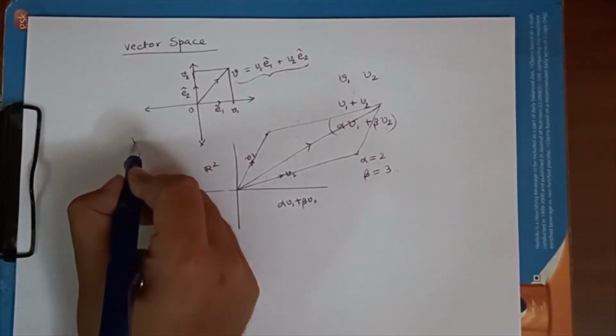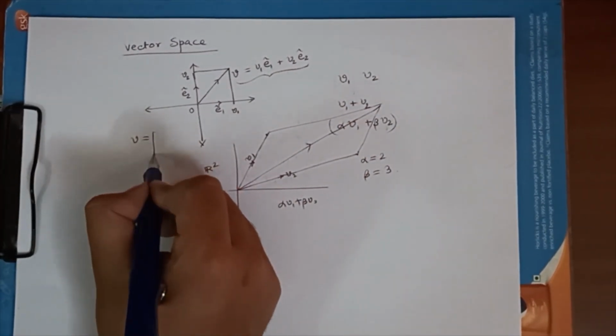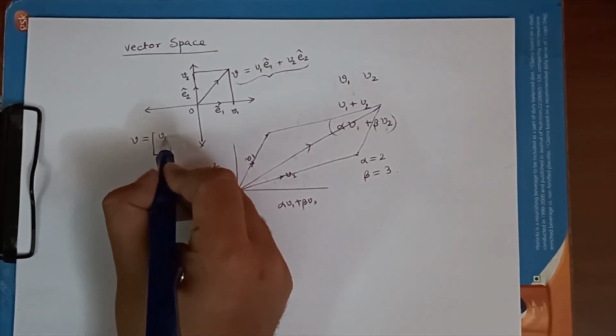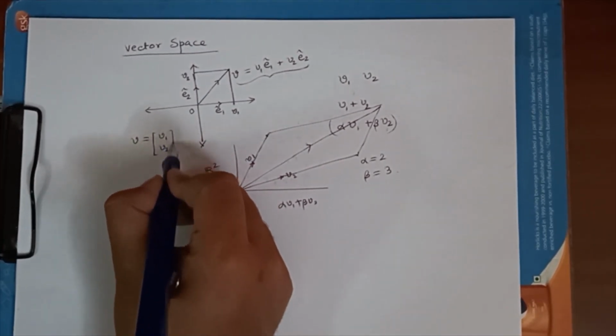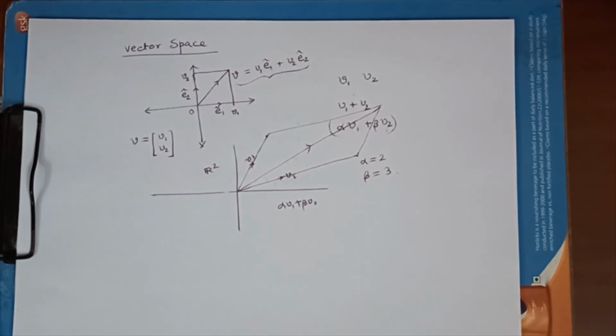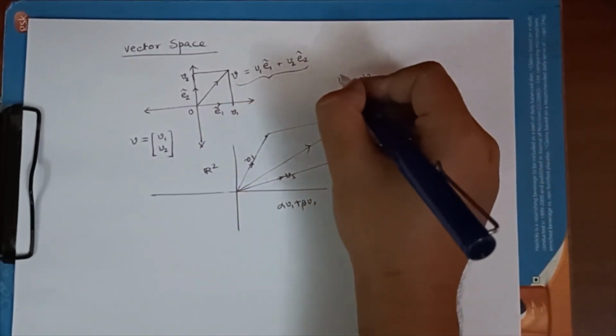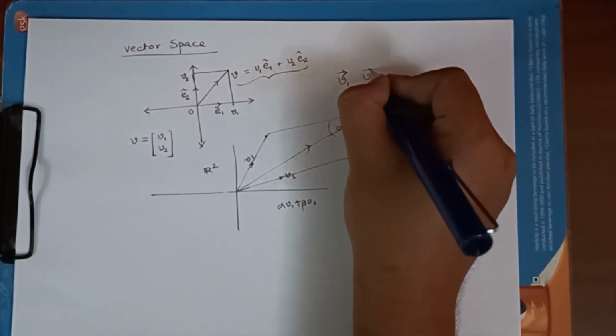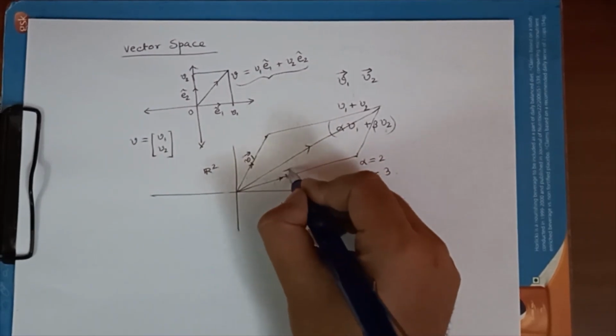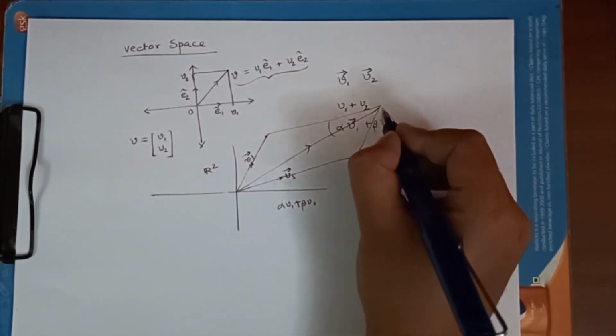So we can write v as simply a column of two real numbers, v1 and v2. When I was talking about the vectors here, I am basically mentioning the vectors. You understand from the context, right?